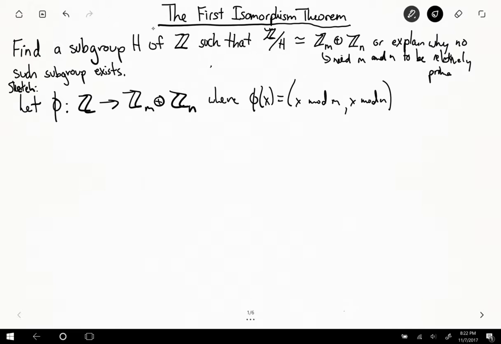Okay, so what happens from here? Well, notice phi is well defined.